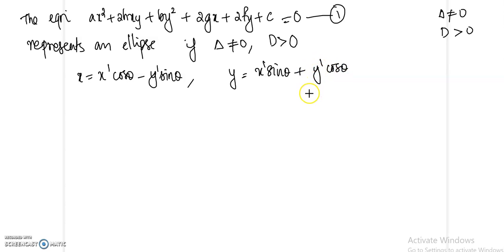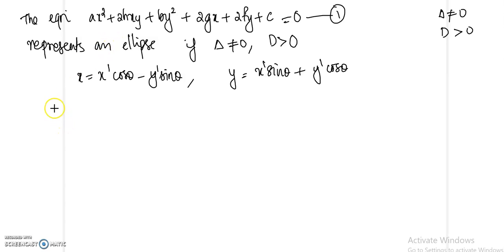So here we will use this transformation for x and y. Then when we take the transformation, we will eliminate the term in x dash y dash. So we will choose theta such that the coefficient of x dash y dash is equal to 0.